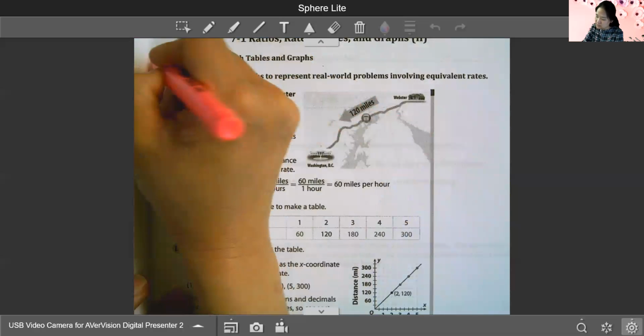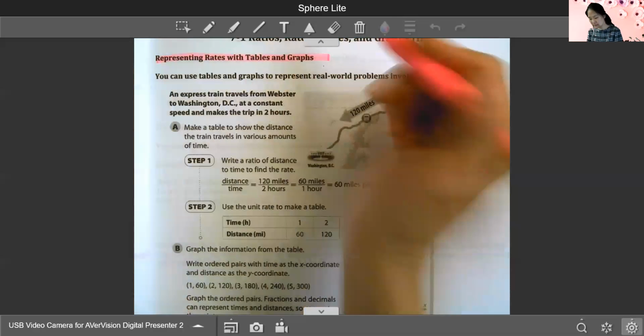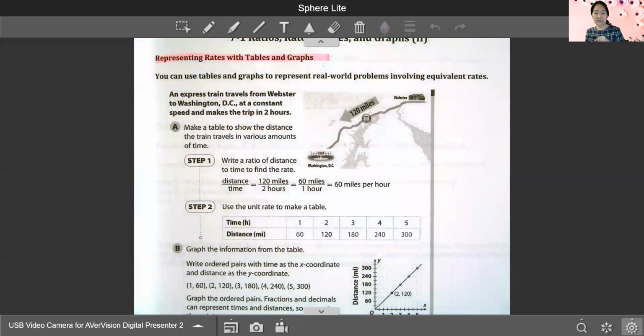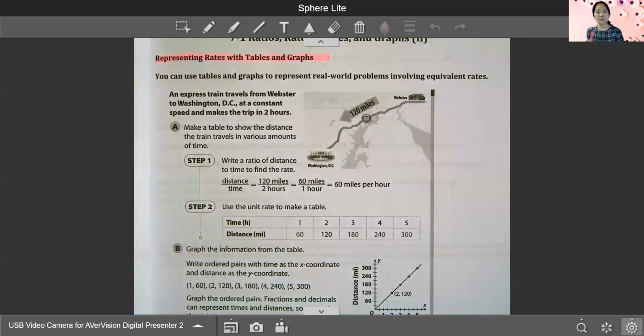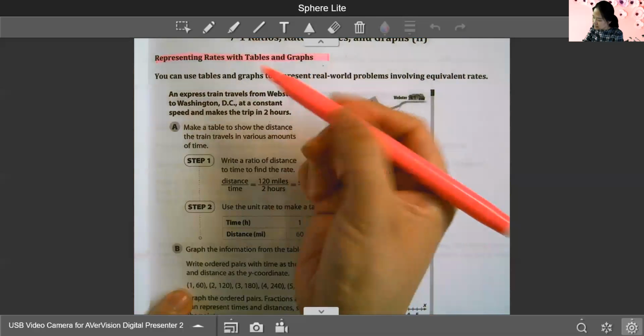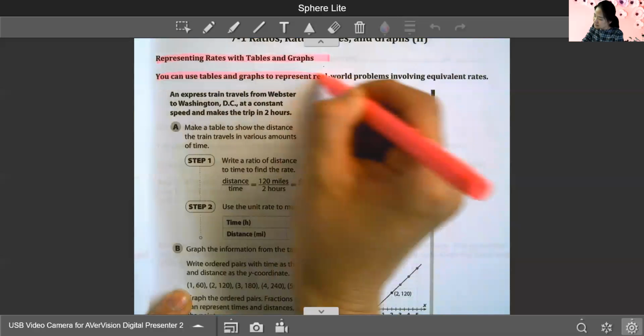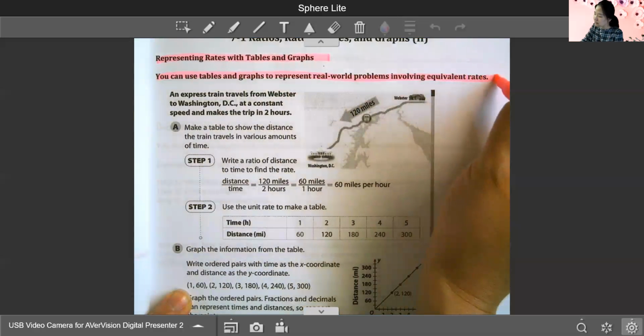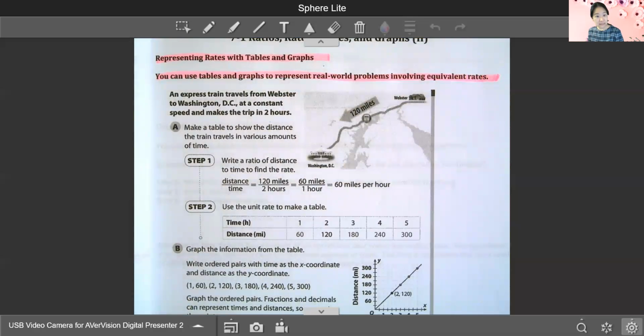So the first page was ratios. You can do the same thing with rates, but the way you look at the information is nothing different. You can use tables and graphs to represent real-world problems involving equivalent rates, just like how you can represent equivalent ratios.